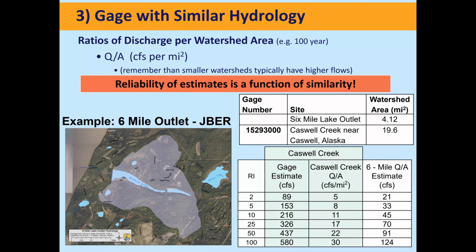And to work up this method, you'd grab the gauge estimate from that USGS publication from the Log-Pearson 3 analysis.